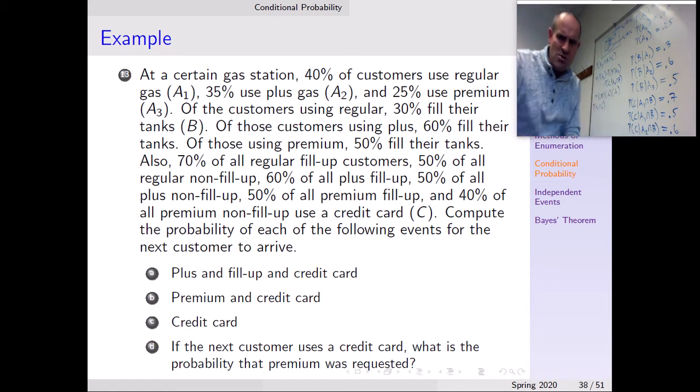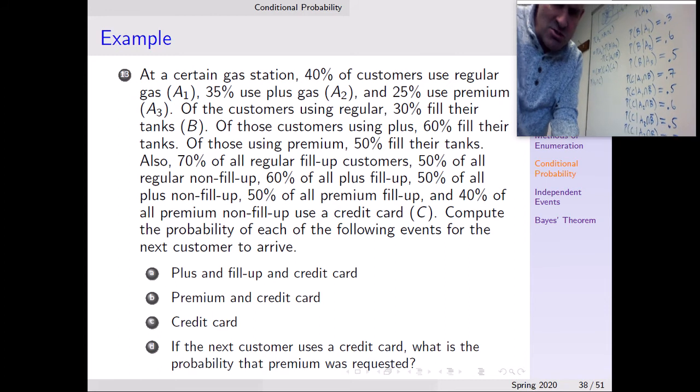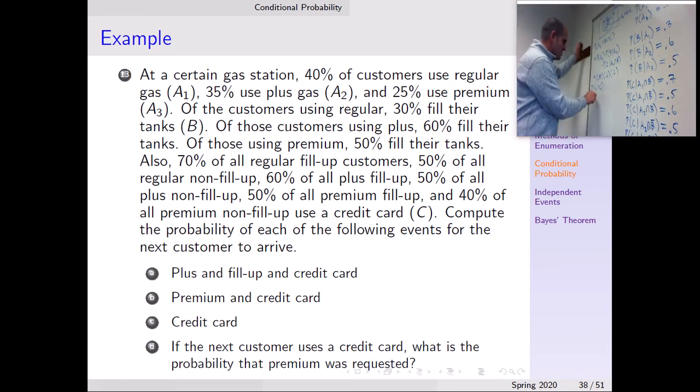So that's what we're going to do when we do this probabilistic computation. So this is going to be the probability of A3 and B and C plus the probability of A3 and B bar and C. Okay?